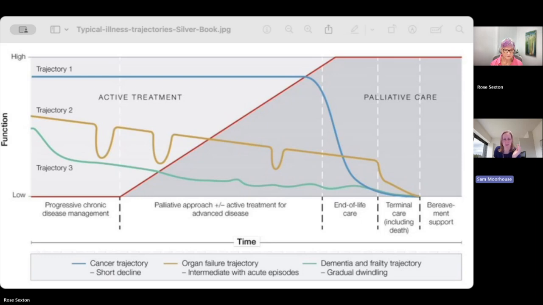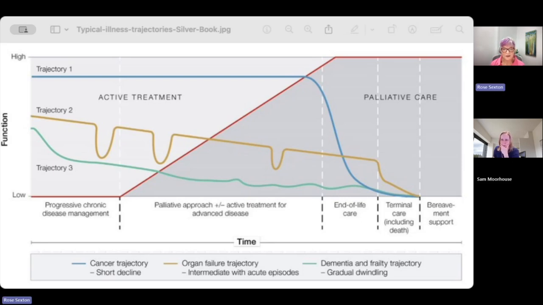The slope goes downwards slowly, and there are periods of gentle stability in the deterioration, but you can see these really distinct dips in somebody's functional status, often because of some sort of acute illness or event like a fall. People can return to a more stable place, but often they're not quite the same, is it, Rose?